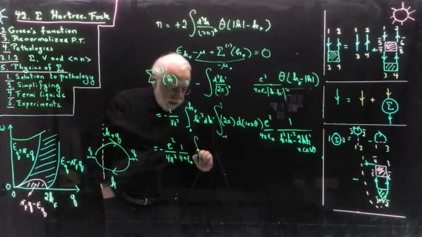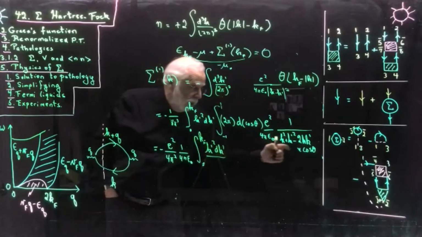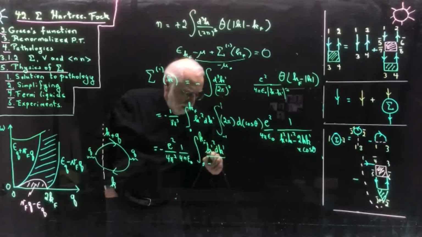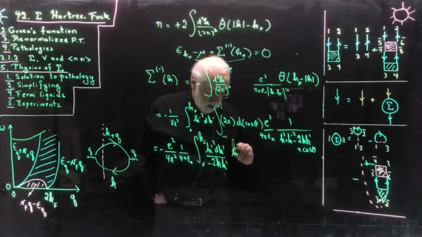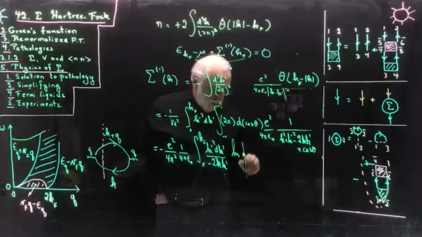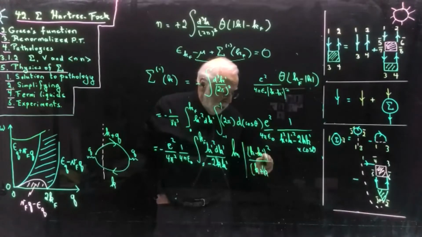And then I get the integral from 0 to k_F of k prime squared dk prime, and then I get the log of the absolute value of k minus k prime squared divided by k plus k prime squared.